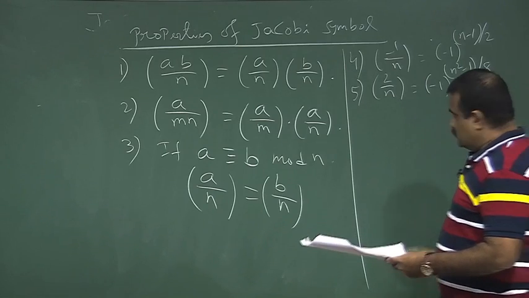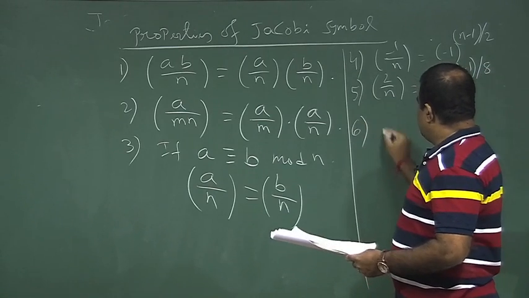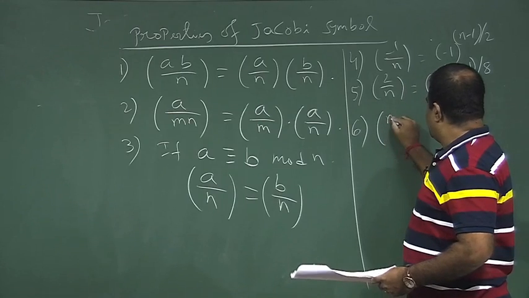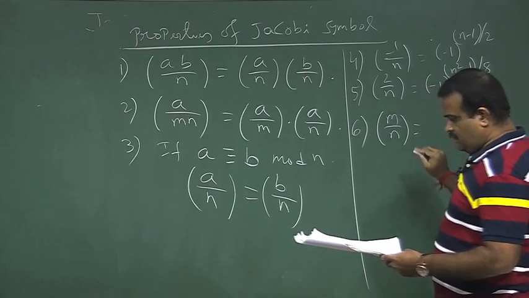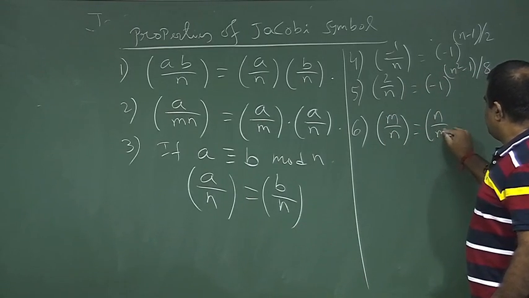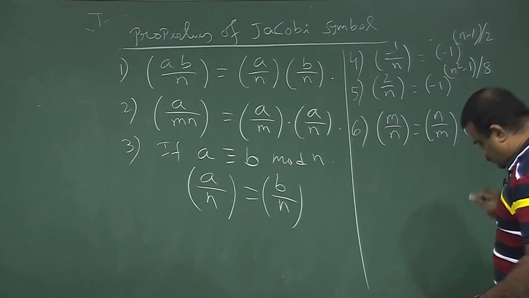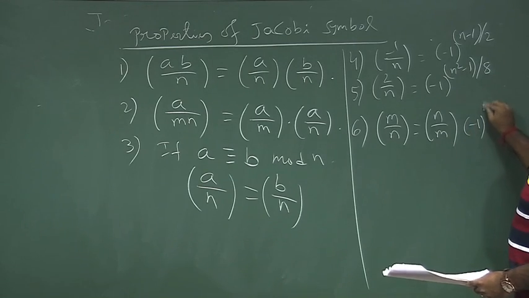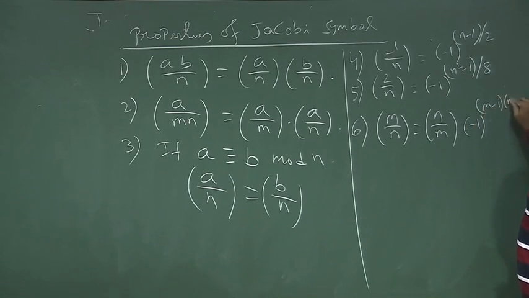Now we have the reciprocity theorem: (n by m) is equal to (m by n) times minus 1 to the power (m minus 1)(n minus 1) by 4.